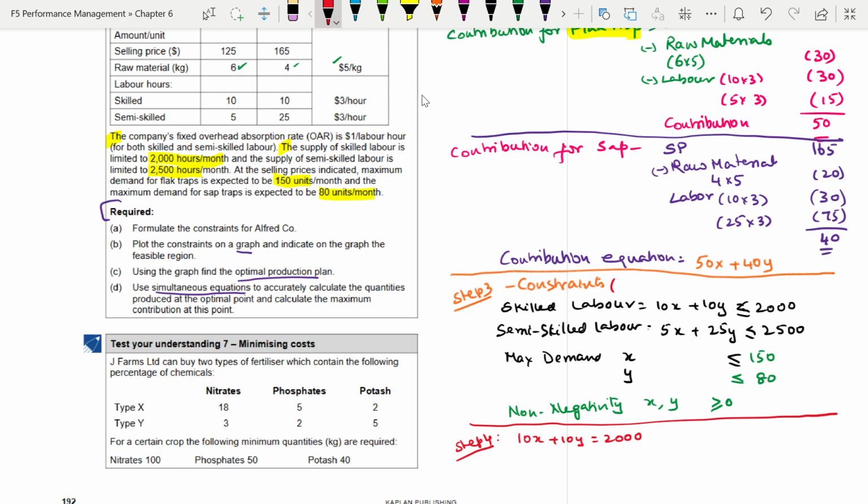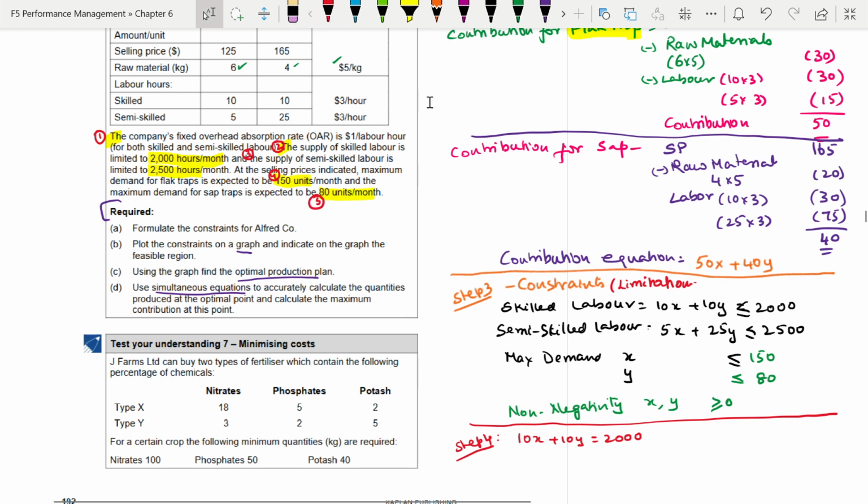This is the first point in the paragraph, this is the second point, and this is the third point. Semi-skilled is the third point, and in the selling also, flag traps is the fourth point, and the fifth point.